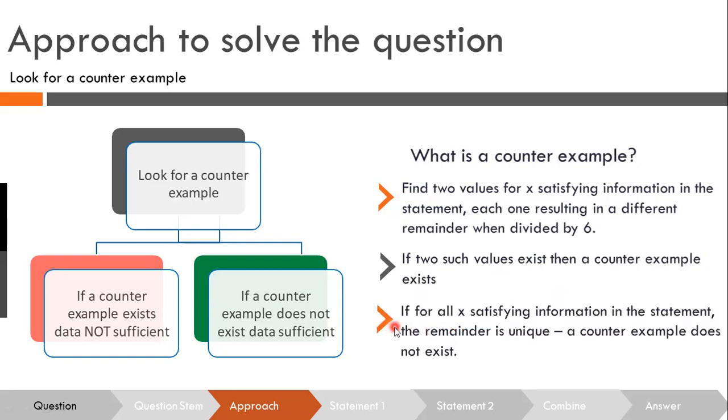The third one: if for all x satisfying the information in the statement, the remainder is unique, a counterexample does not exist. It is very important. Please read this one. If for all x satisfying the information in the statement, the remainder is unique, a counterexample does not exist.